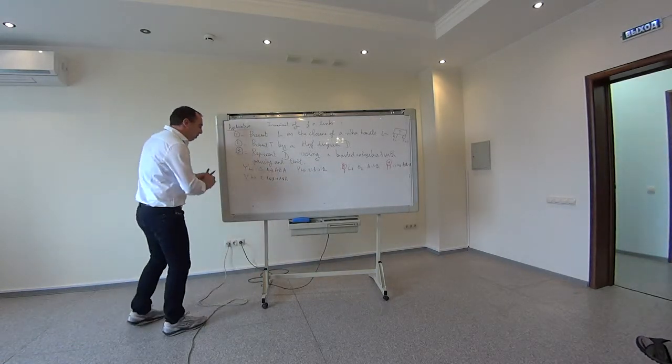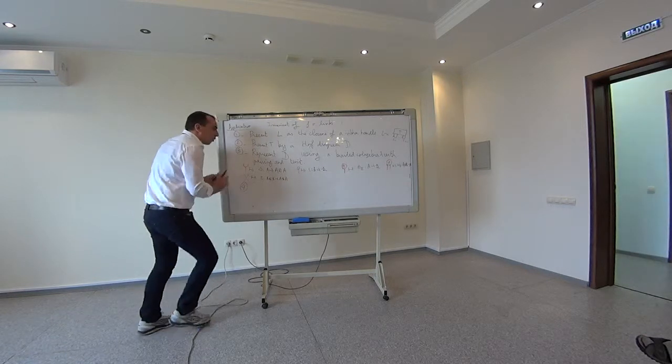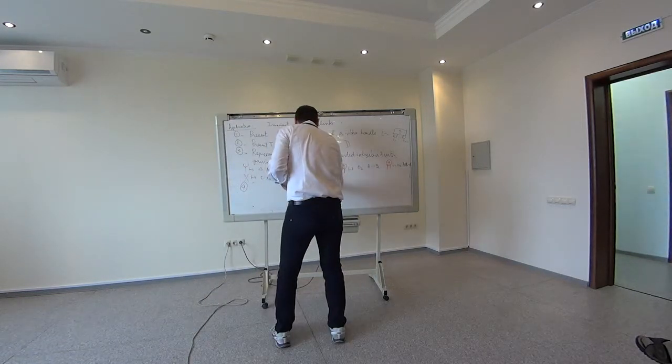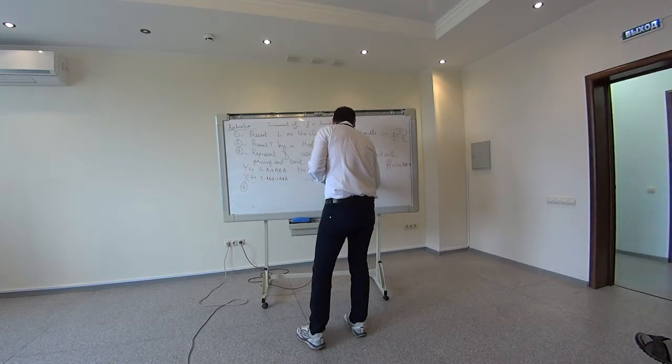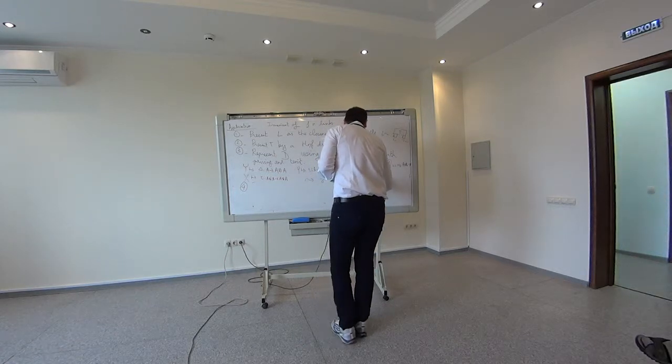And then the first step, so this way you get, what do you get? You get a morphism from A tensor N to 1.